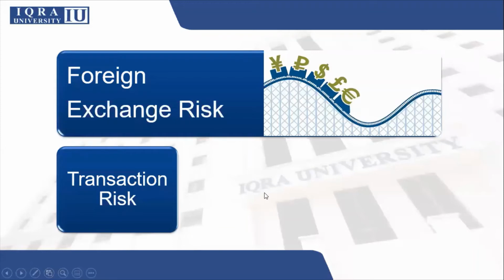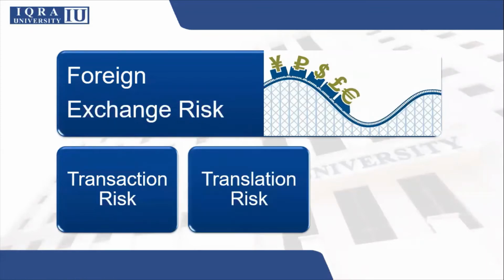The second type of foreign exchange risk is translation risk. Now, companies with overseas subsidiaries will find that the domestic value of their assets and liabilities will fluctuate with exchange rate movements. For example, consider Nestle. Now, Nestle is a multinational corporation which has subsidiaries in many countries.